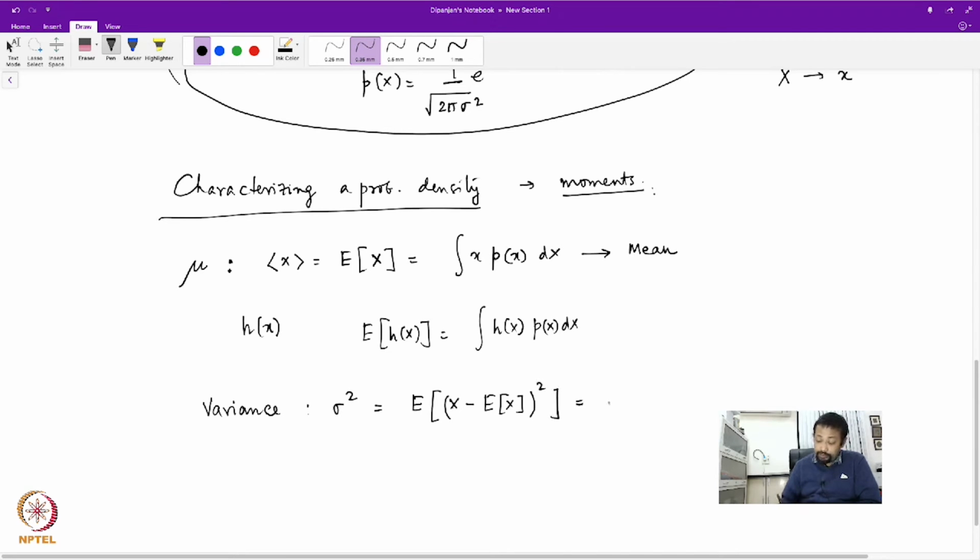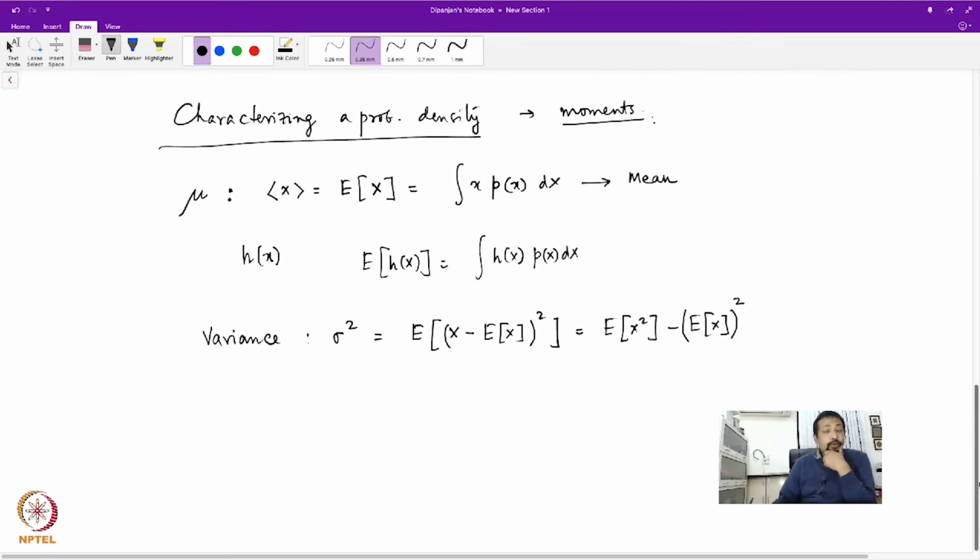And if you formally expand this, you are going to get E of x square minus (E of x) whole square, right? One can also talk about covariances, but we will not look at them right now.